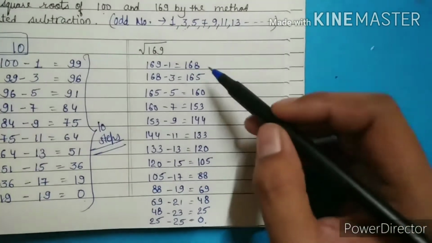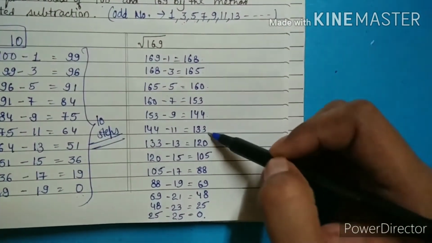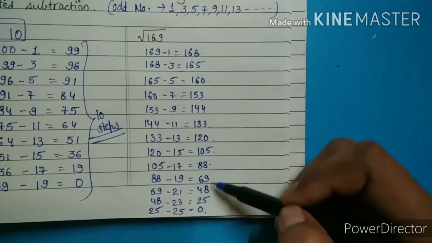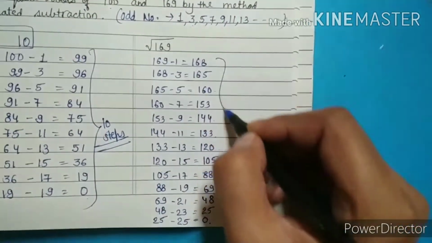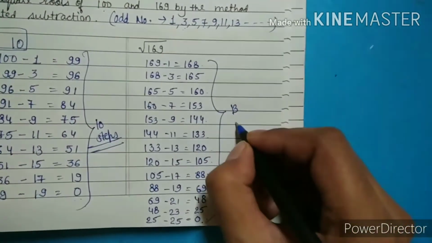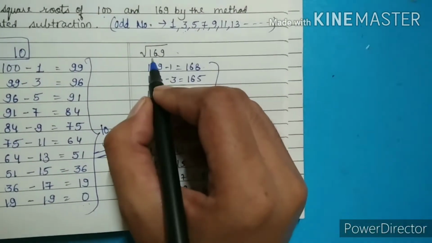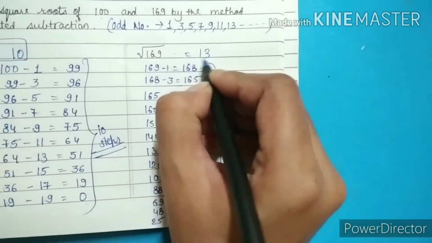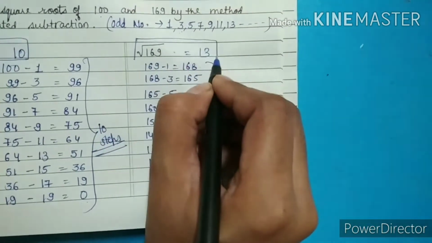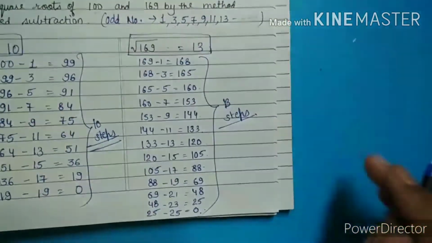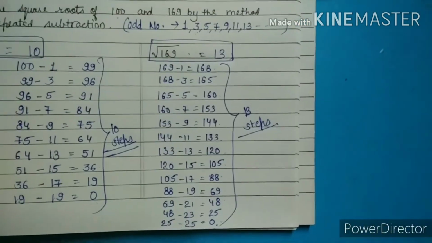How many steps are there? 1, 2, 3, 4, 5, 6, 7, 8, 9, 10, 11, 12 and 13. There are 13 steps. It means the square root of 169 is 13. Here we completed question number 3.